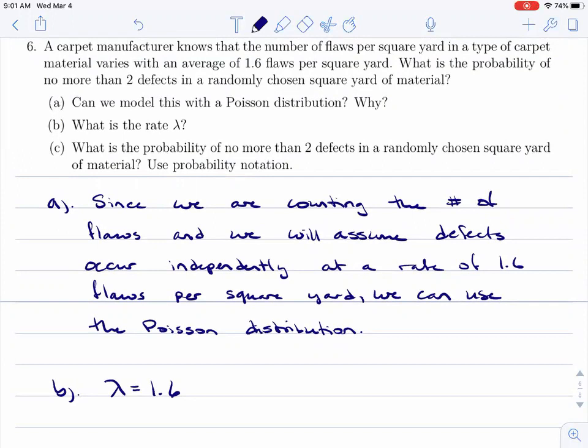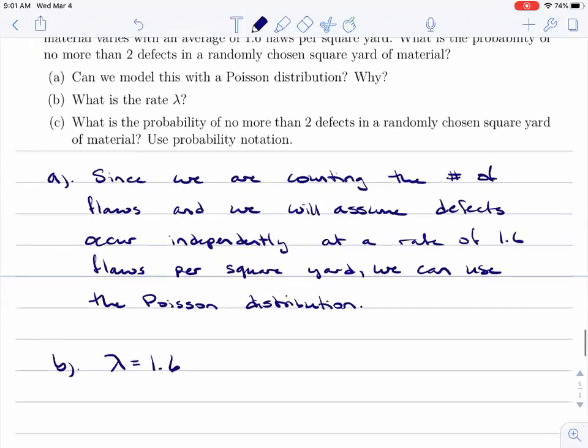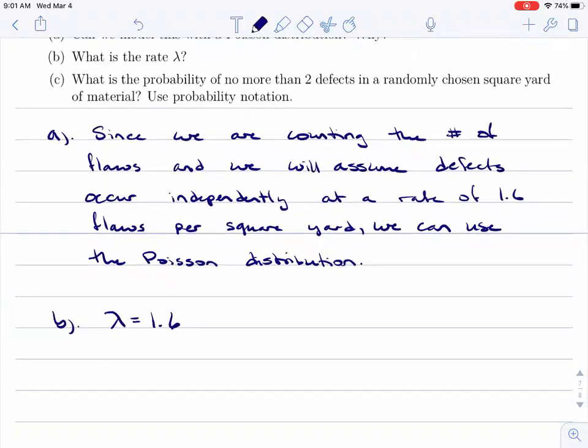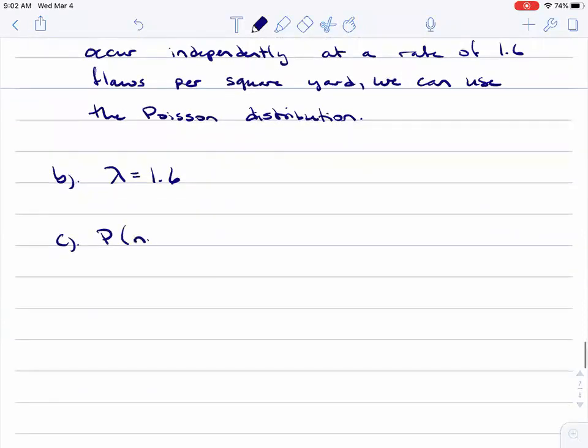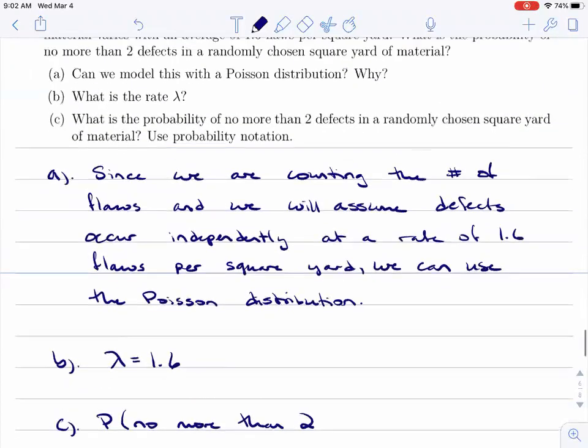Part C, what's the probability of no more than 2 defects in a randomly chosen square yard of material? Use probability notation. It's not that bad, right? Because in words, we want the probability of no more than 2 defects.